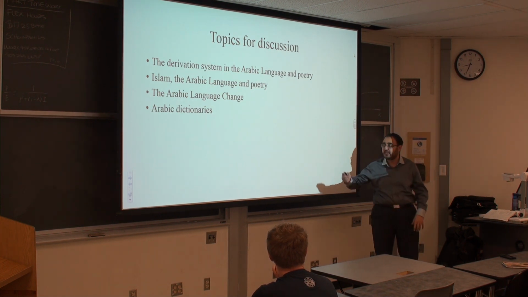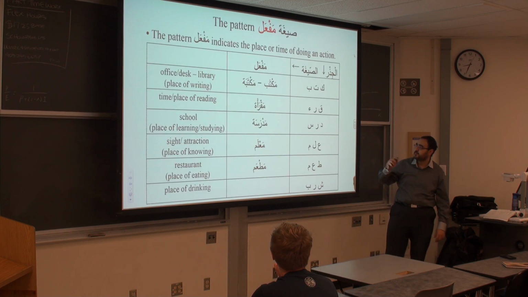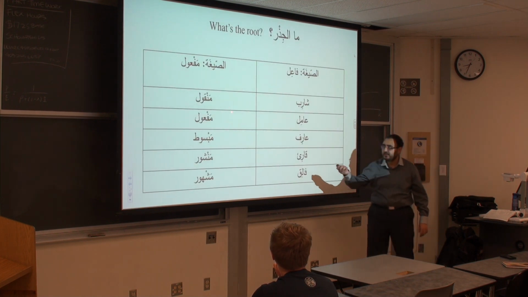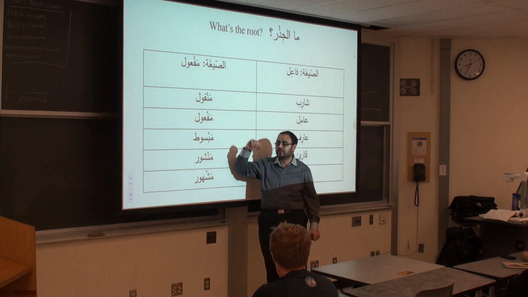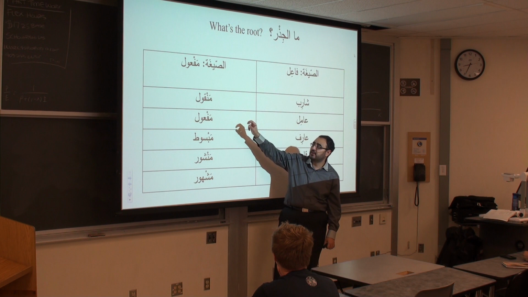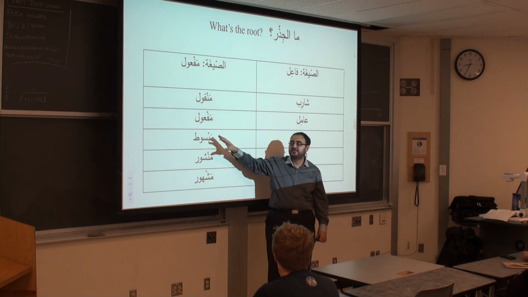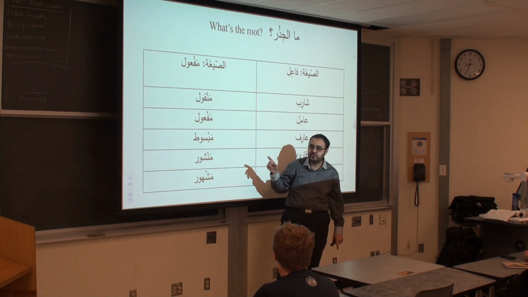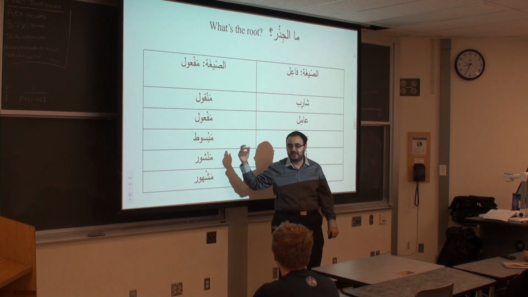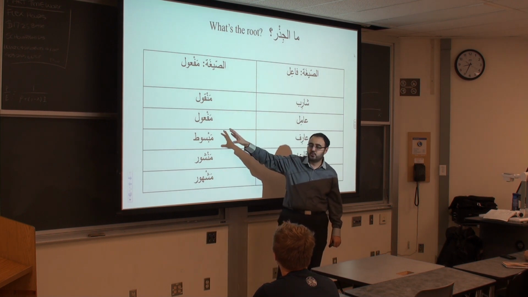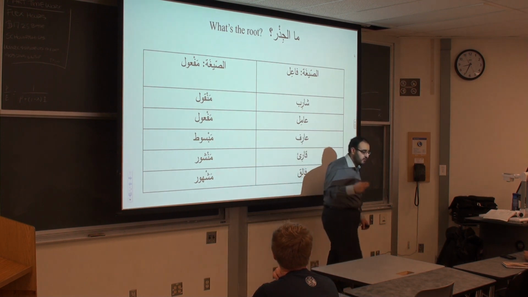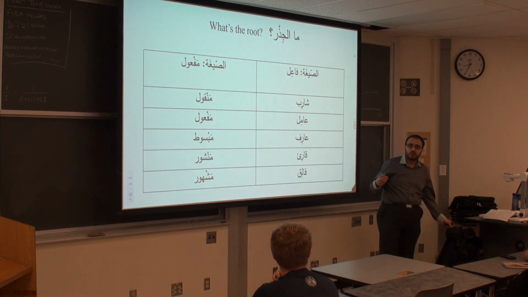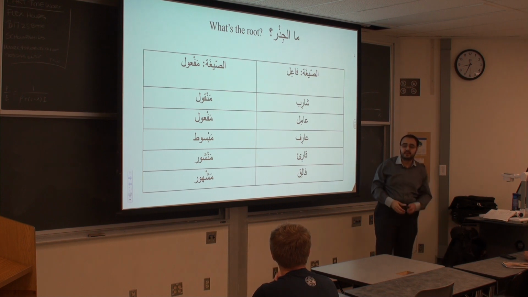So let's say that if we try to weigh these words morphologically, with the morphological scale, they all have the same weight from the morphological point of view, which is maf'ul in all of these cases. So it's used to compare words according to their morphological weight, or to compare the words morphologically.